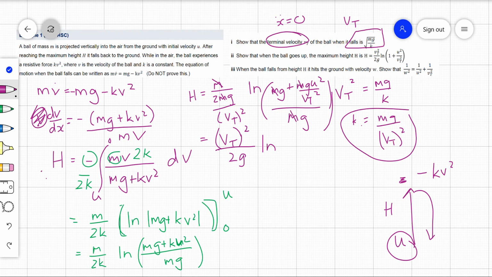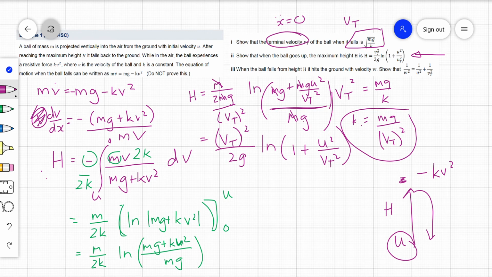And you can see I'm going to get g on g, so that's 1, plus gu squared on Vt squared, but it's on g, so those g's will cancel. So I'm just going to get u squared on Vt squared, which is, except it's written nicer there, what we've been asked to show.